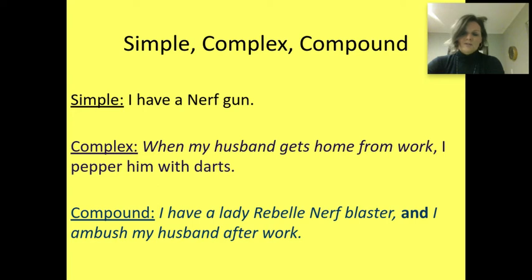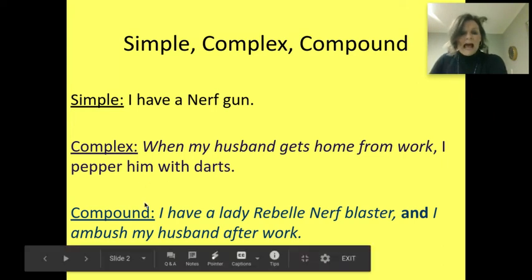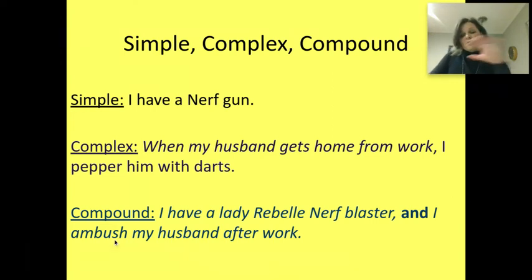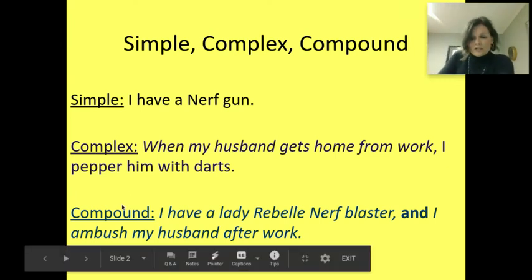I ambush my husband after work, period. Instead, I will combine those sentences with the conjunction and. I have a Lady Rebel Nerf blaster and I ambush my husband after work. So subject I, verb have, subject I, verb ambush. Two sentences joined together with one of those tiny but powerful words, a conjunction: and, but, or.